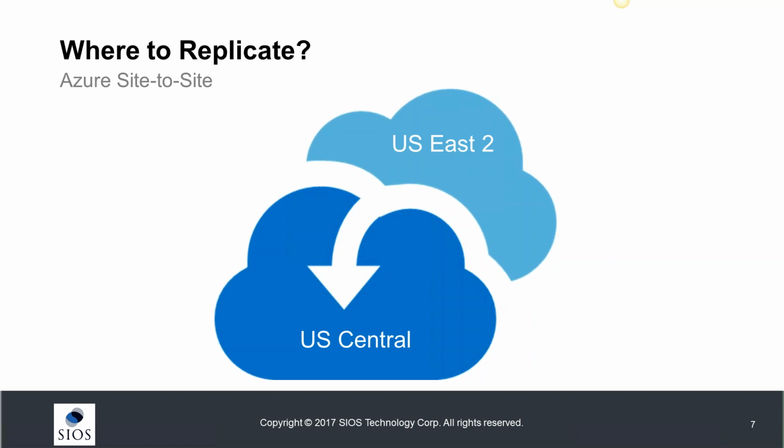Although a particular region has redundancy within the region through fault domains and update domains, which are applicable to your high availability configurations, they are still susceptible to natural disasters, of course, and even user error, like a bad patch update.